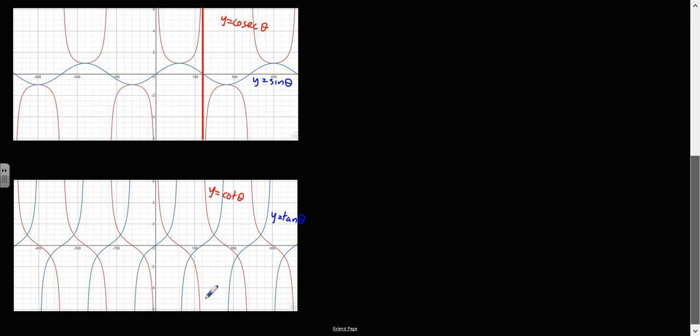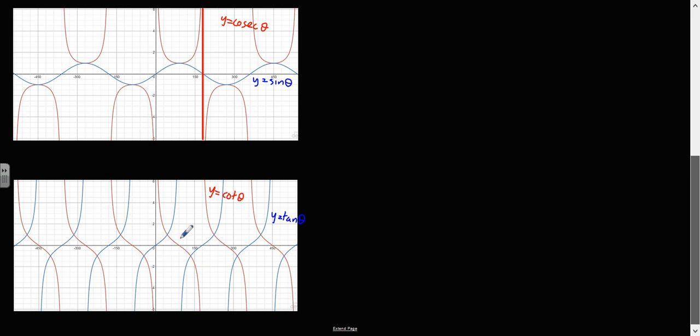Now, the tan graph, if you look here in the blue, goes through 0, 0, and then 180 degrees later it goes through 0, 0, and 180 degrees later it goes through 0, 0. Now, using the same logic as previously, wherever the tan graph goes through 0, it means that the cot graph will have a vertical asymptote. So the asymptotes are at 0, 180, 360, and so on.